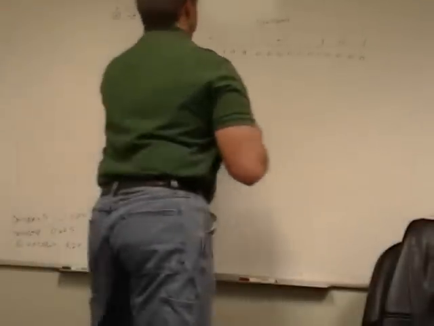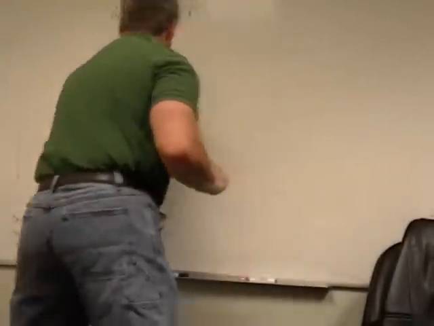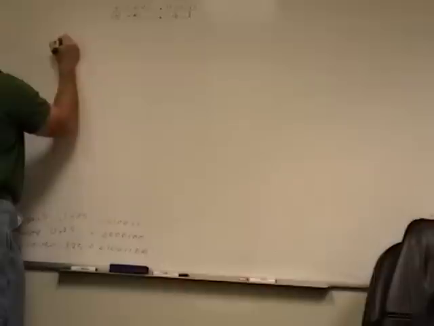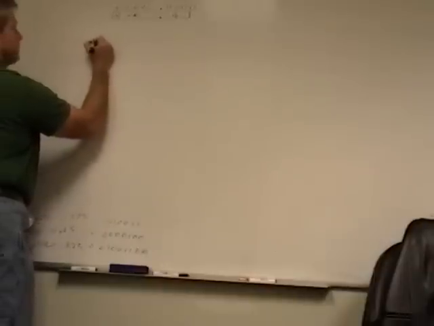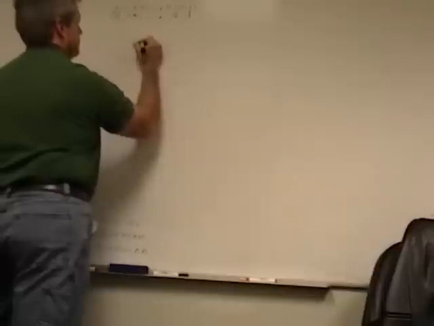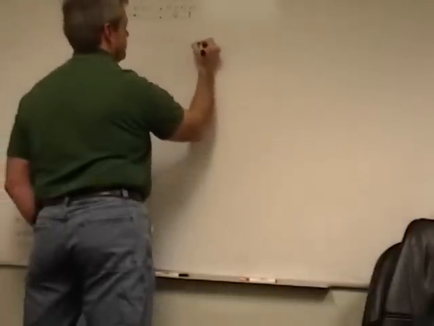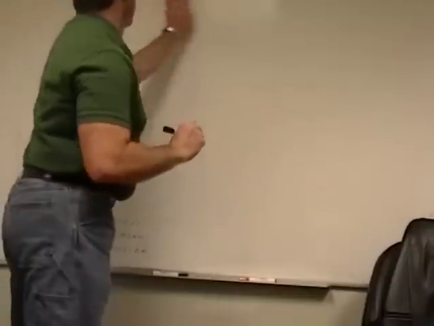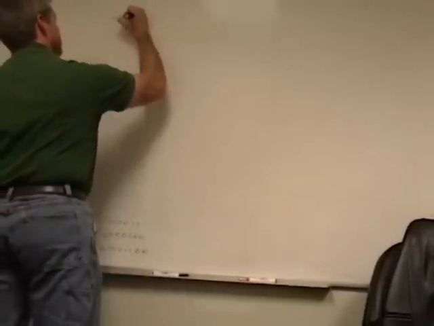All right, erase all this and get it out of the way. I'm going to move this all over. Sorry, wasting your time. So we'll have 1, 2, 3, 4, 5, 6, 7, and 1, 2, 3, 4. Dividend goes up here.